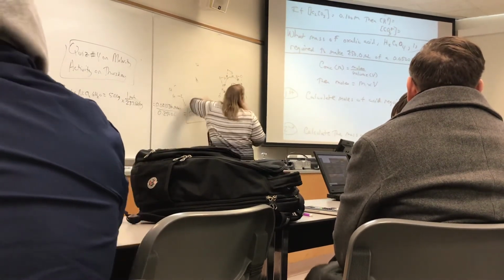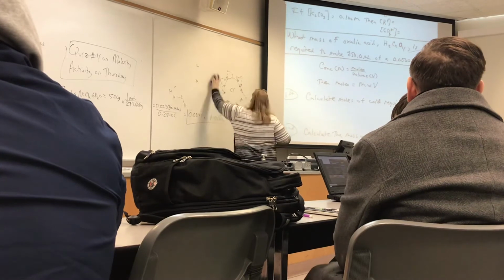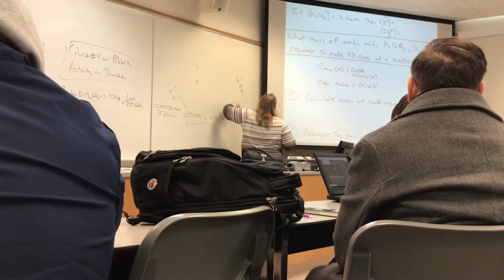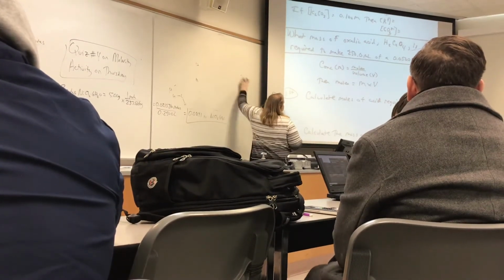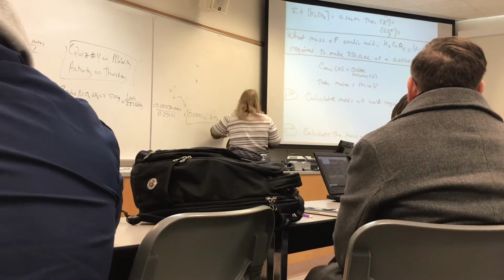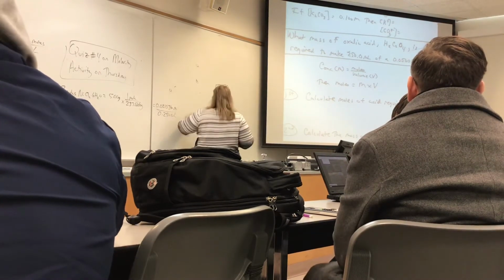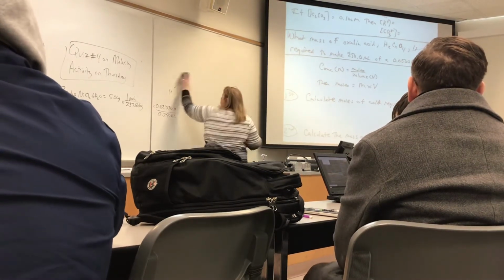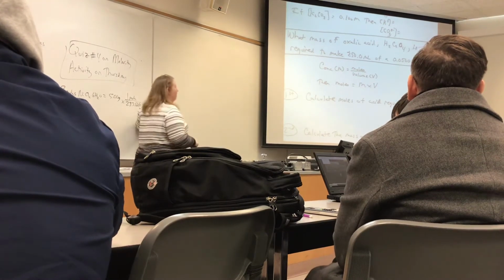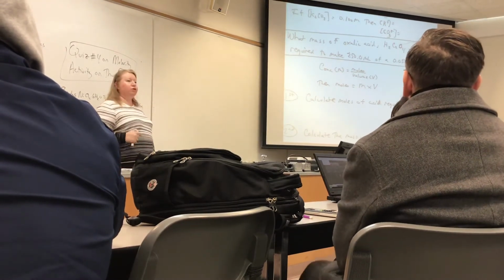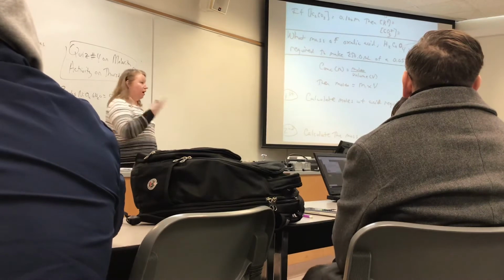What mass of oxalic acid, that formula shown there, is required to make 250 milliliters of a 0.0500 molar solution? So people write capital M like that, they'll say a 0.0500 molar solution is how you say that.